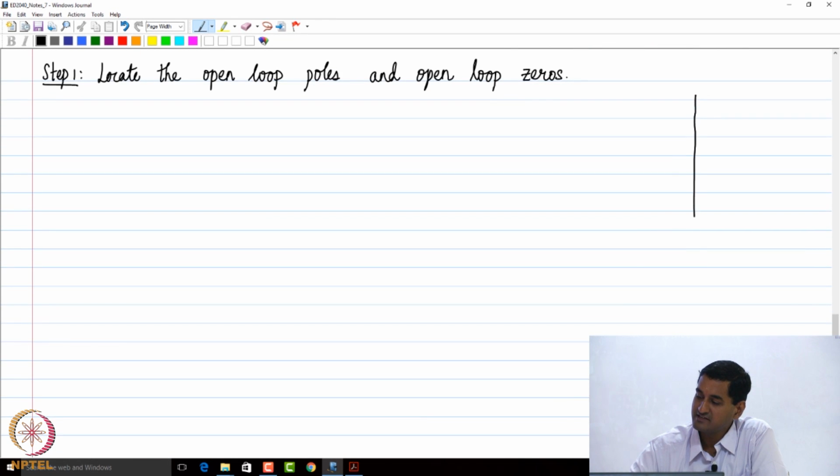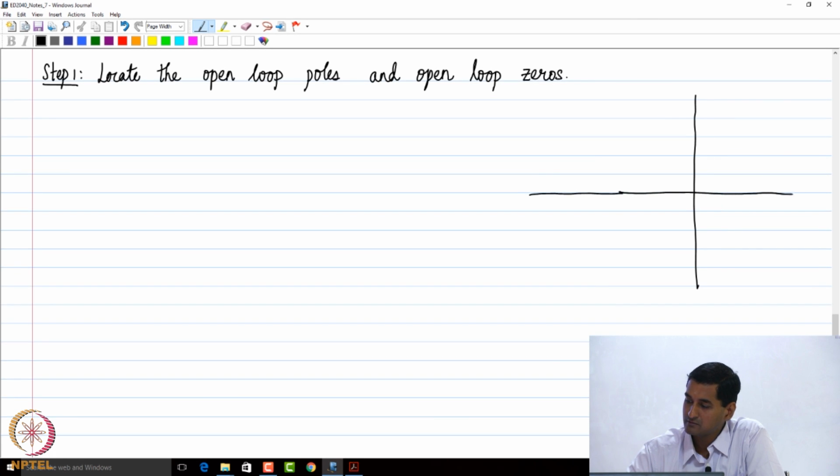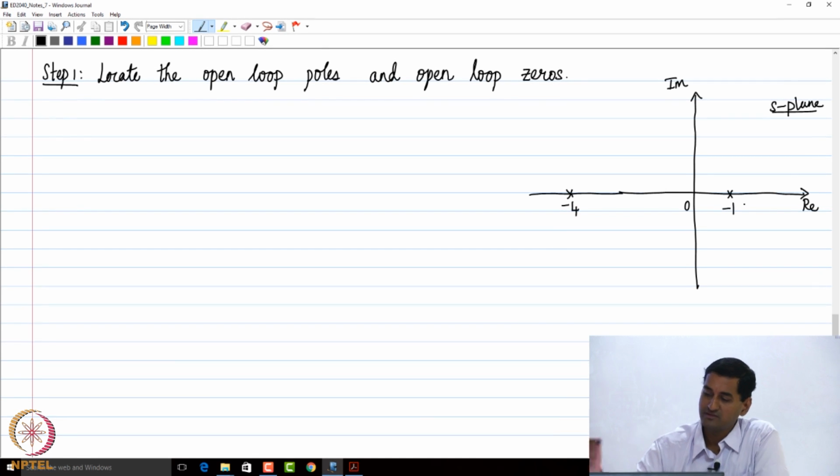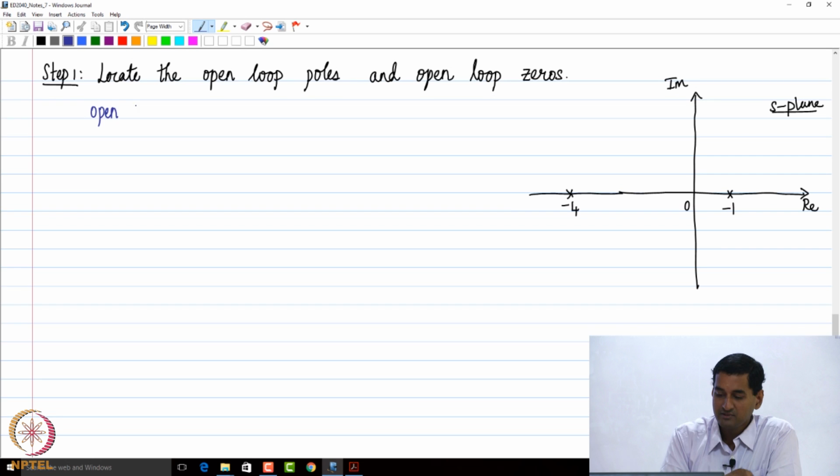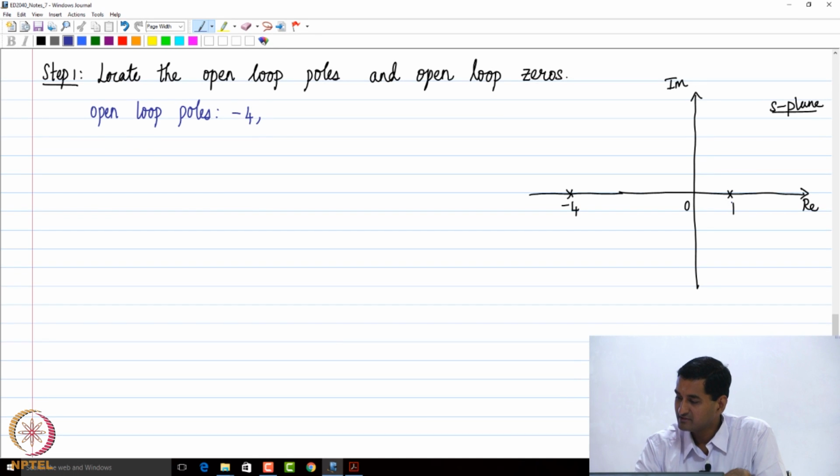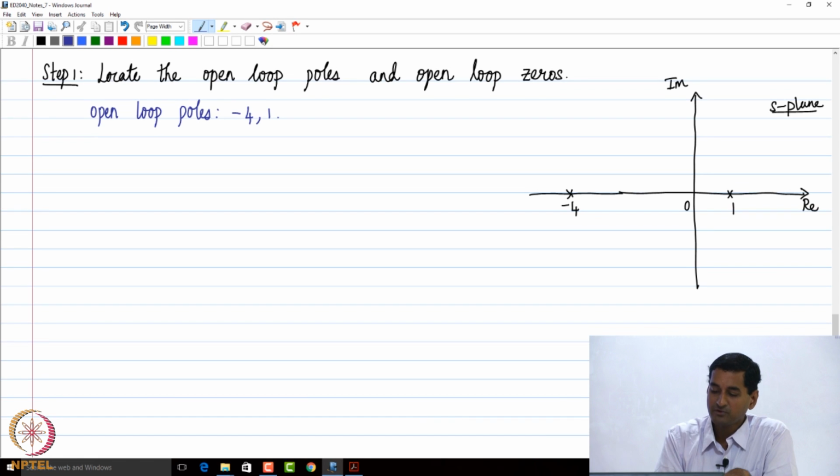Let's say this is my s plane, with the real axis and the imaginary axis, and this is the origin. Let's say my open loop poles are at -4 and at +1. Those are the two things we need to worry about. There are no open loop zeros.